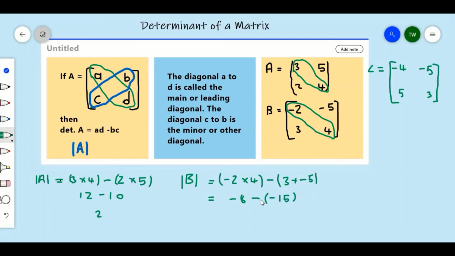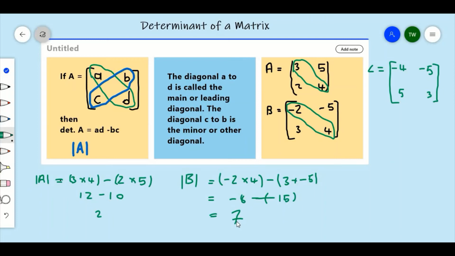Now a simple trick that you can always use is to connect these two negative signs to get one sign in the middle. So in other words, if we connect them, what we have is actually minus 8 plus 15, and minus 8 plus 15 is the same thing as saying 15 minus 8, and that is going to give us 7. So therefore the determinant of B here is going to be 7.